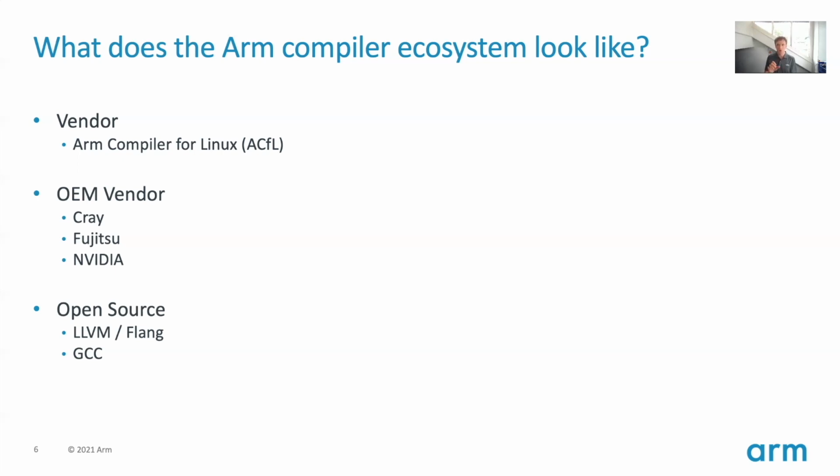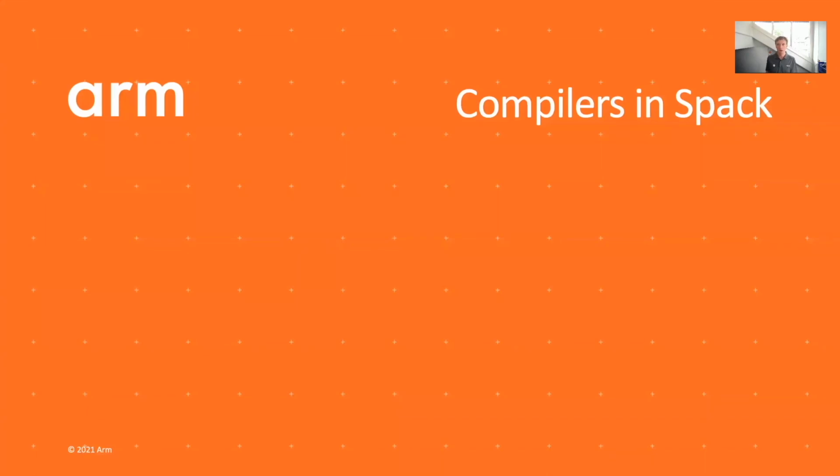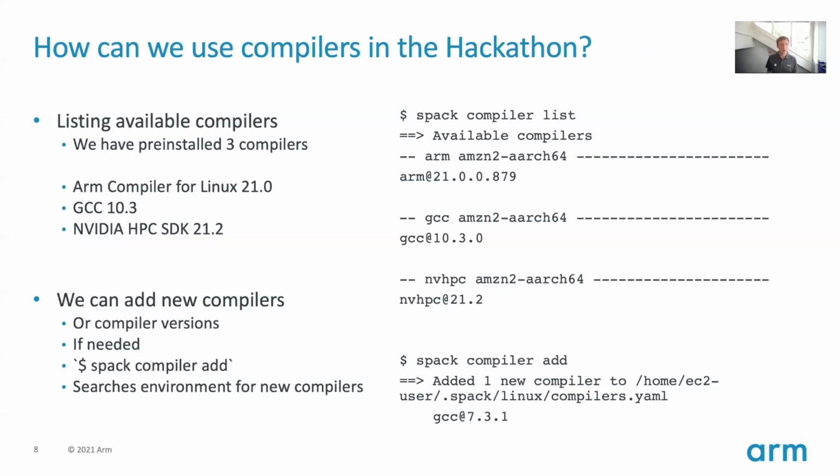Now let's focus down on what we have on the AWS systems that you're going to be using, and in particular on the installation of Spack that you're going to be using. I know that some of the Spack folks are going to give a talk, so I won't go into a lot of detail here. I'll just say that we have three tool chains, and they're the most recent versions of ARM Compiler for Linux, GCC, and the NVIDIA HPC software development kit.